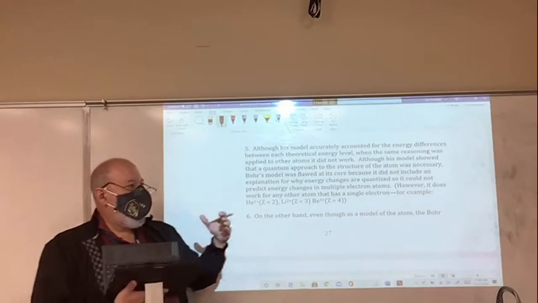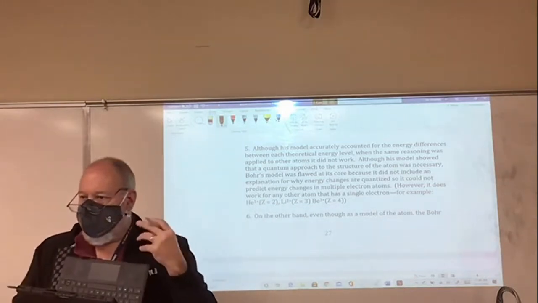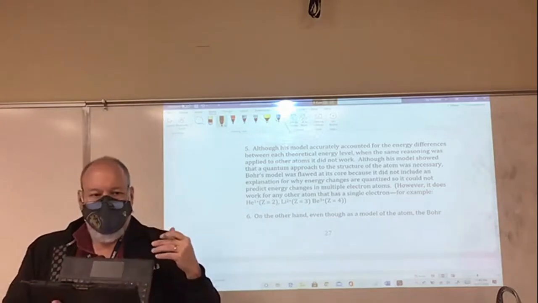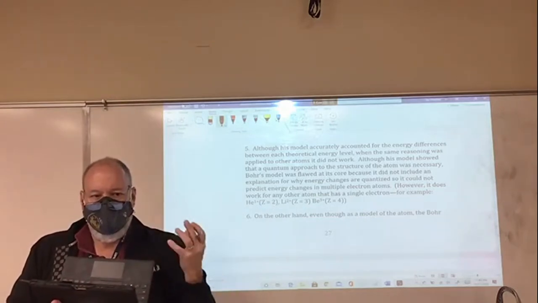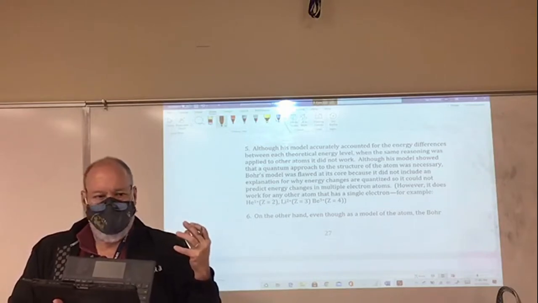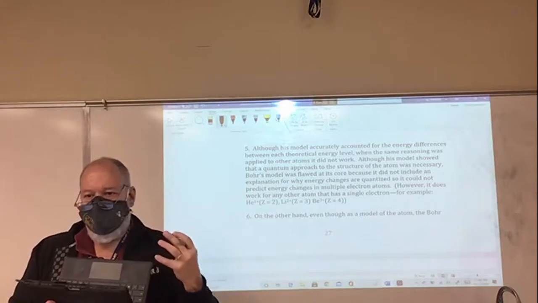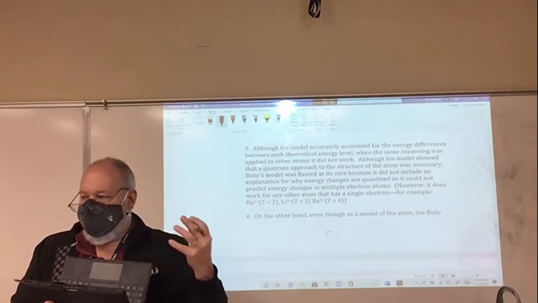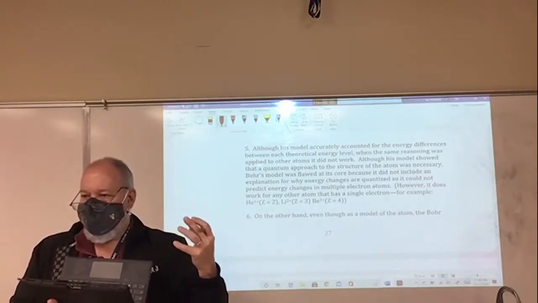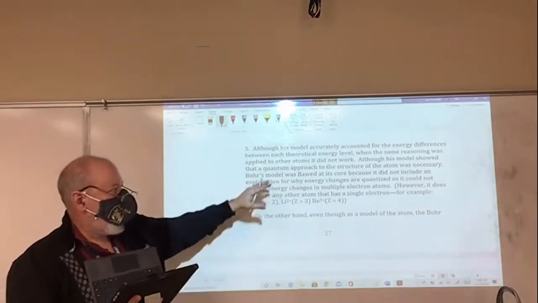So, although I've got a nucleus that's attracting all of these electrons, if I have multiple electrons, they're also going to be repelling each other. So they're going to influence the amounts of energy of the other electrons at each of these energy levels. So this formula didn't work.